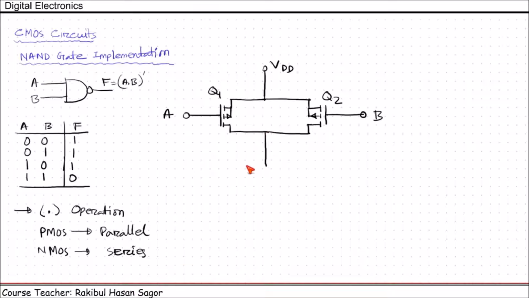Now we'll design the pull down network using NMOS, and the NMOSs are to be connected in series. So let us use the first NMOS.